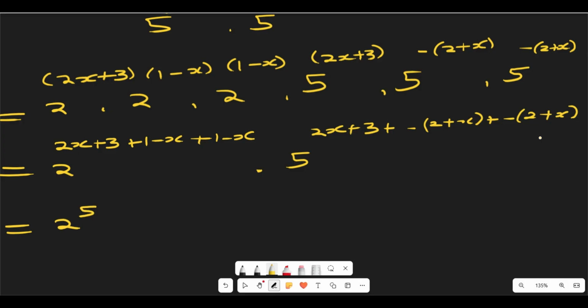When you collect like terms on the index of 2, you realize that it will be 5. So now, you know what, I decided to rewrite the index of 5 there as properly as possible.